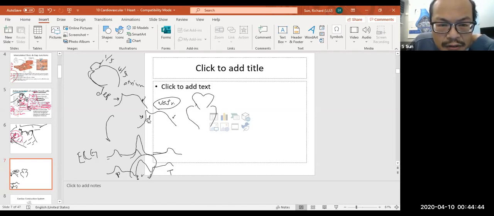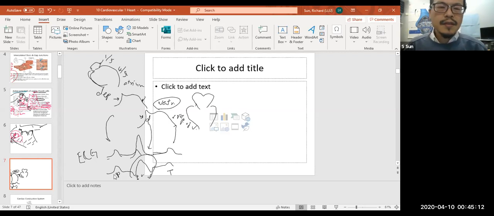So even though this wave is a mix of atrium repolarization and ventricle depolarization, the majority comes from the ventricular depolarization. And then we have the T wave. The T wave represents the repolarization of the ventricle. So that's the connection of the action potential and the EKG or ECG.